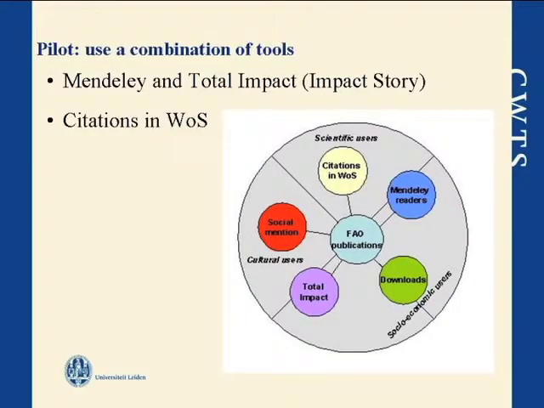So citations in WAS we took as a way to track the interaction with their scientific peers. We used Mendeley, which is a reference manager and also tracking system in which you can find the readers of a report, and that's much bigger than scholarly articles, but also books and reports and so on.